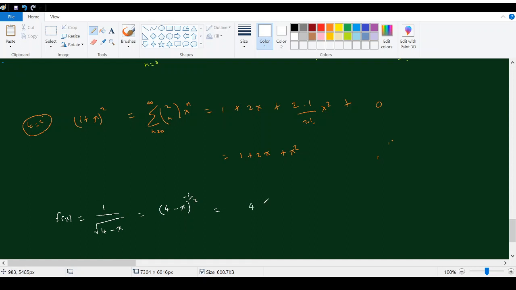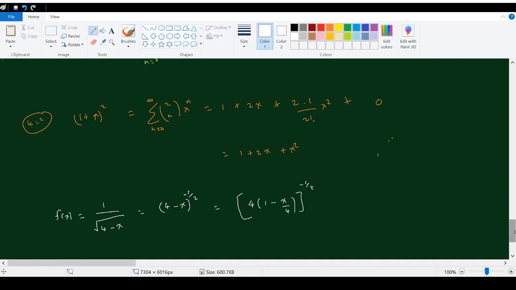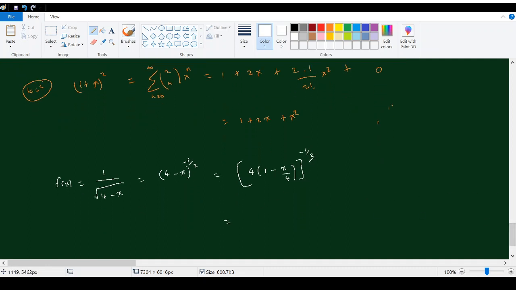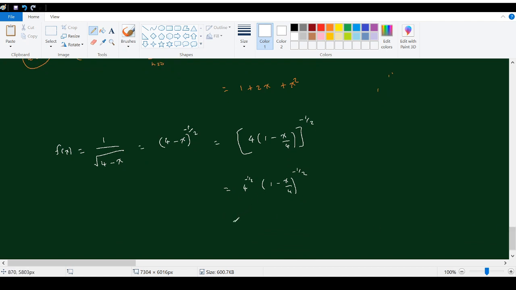We can take 4 out, then you will get (1 minus x over 4) everything to the power negative half, and that means you can distribute this negative power across the multiplication, and you will eventually get 4 to the power negative half. And this one you can write as 1 over 2, and here you will have 1 minus x over 4 to the power negative half.